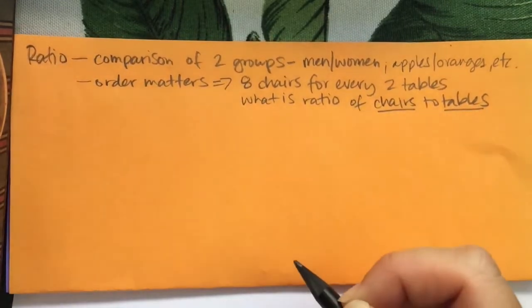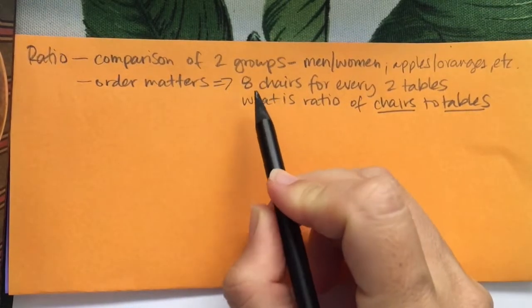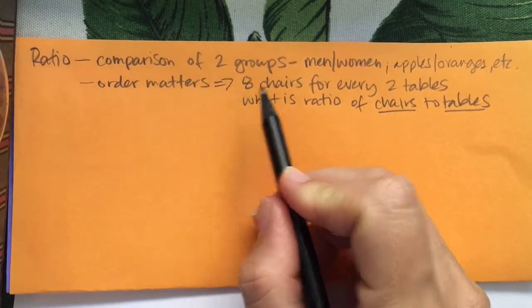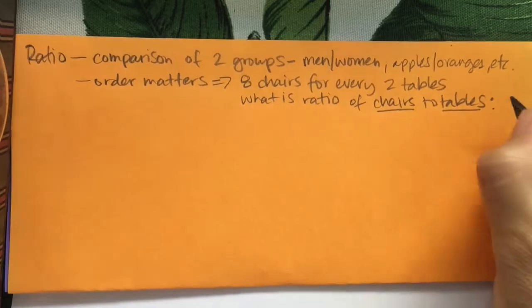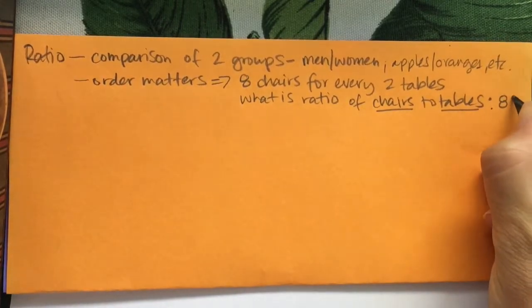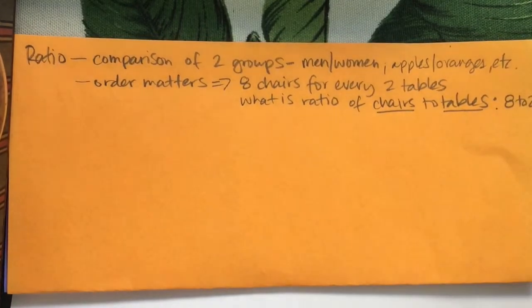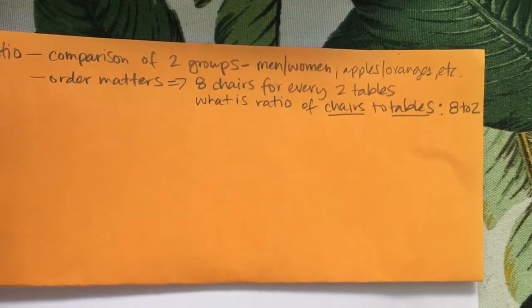Those are the two groups we're comparing. So I would put the number of chairs first and then the number of tables second. So the ratio of chairs to tables would be 8 to 2.